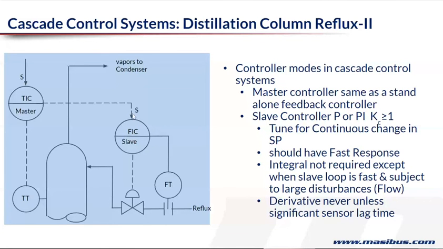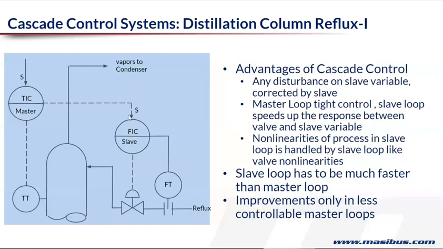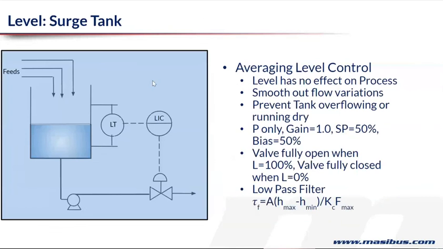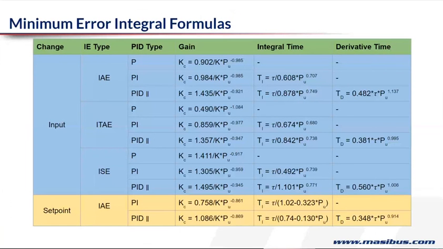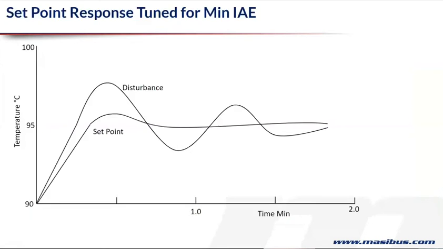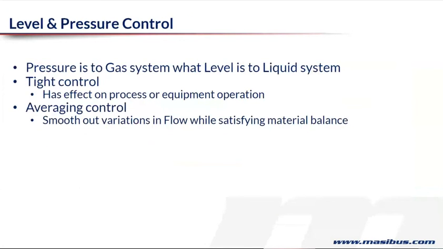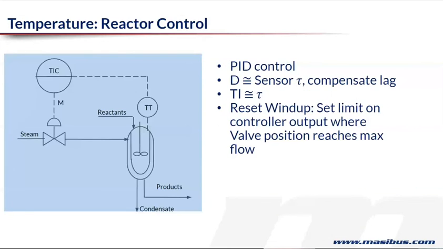Now we saw here different methods, right? Which formula to use? Especially the IAE is very good for set point change. And we use this IAE method formula to tune the slave controller.